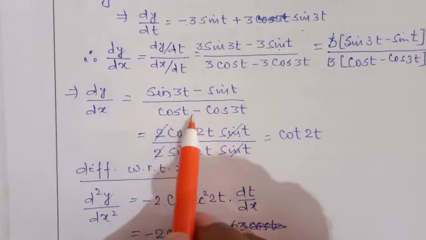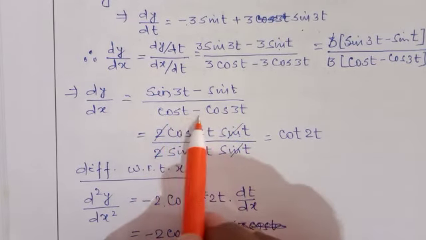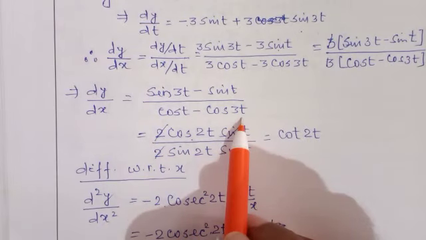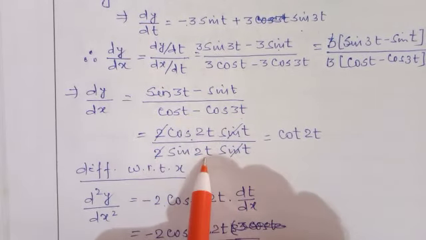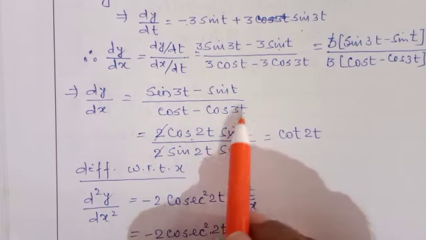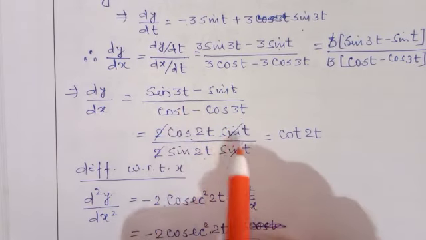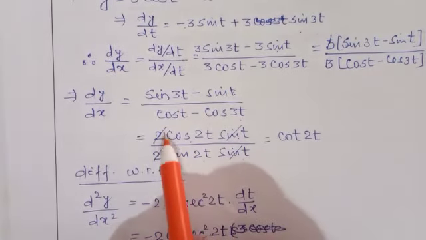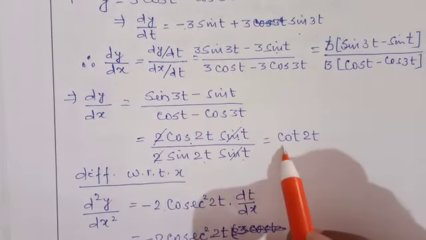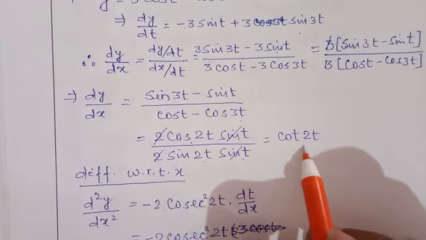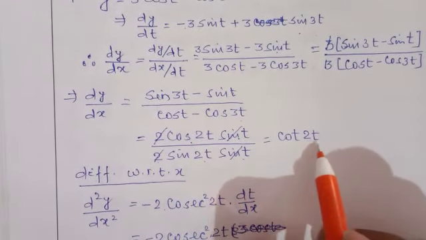Cos C minus cos D is expanded according to that formula: 2 sin of (C plus D) by 2, meaning 2t, into sin of (D minus C) by 2, 3t minus t, that is 2t by 2 becomes t. So 2 and sin t should be cancelled. Finally it is cot 2t, cos by sin, that is cot.